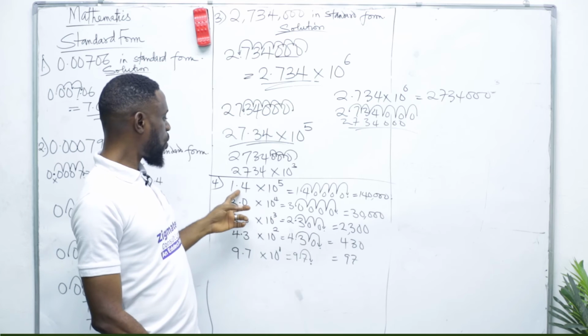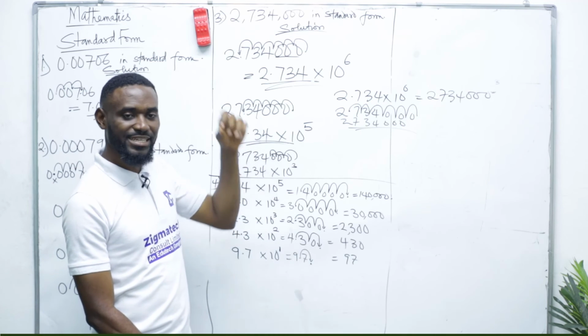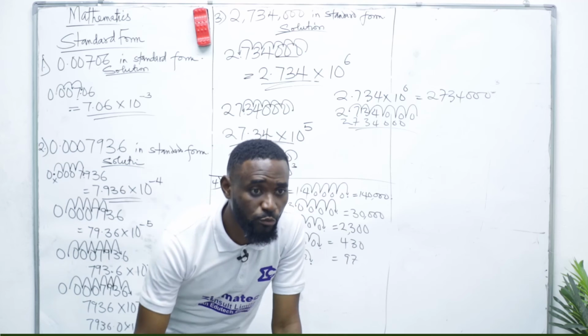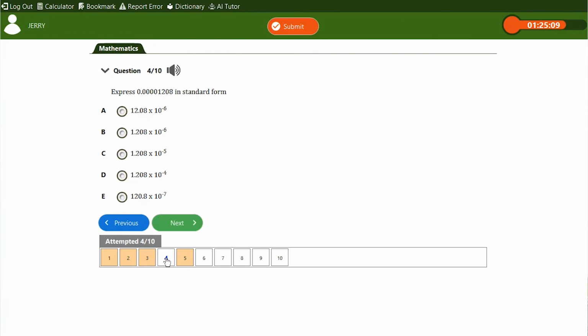So we say that 1.4 times 10 raised to the power 5 is the greatest number in all of them, which is option A. Which of the following is the greatest number? It's 1.4 times 10 raised to the power 5. Is that okay now?